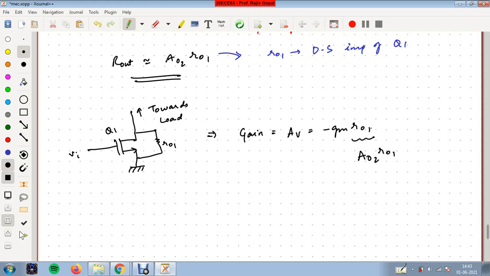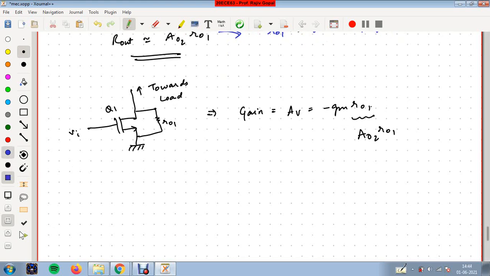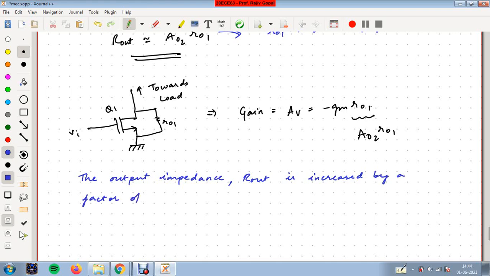So to make a statement, the output impedance R out is increased by a factor of A naught 2, that is the intrinsic gain of Q2.